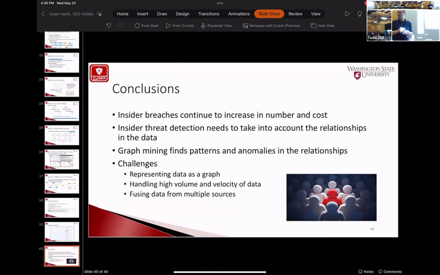Well, the normative patterns can come from two places. One is the company can tell us these are the patterns that we see, or if it's a pretty mature company, they actually have policy documents for how all the departments should work and interact with each other.